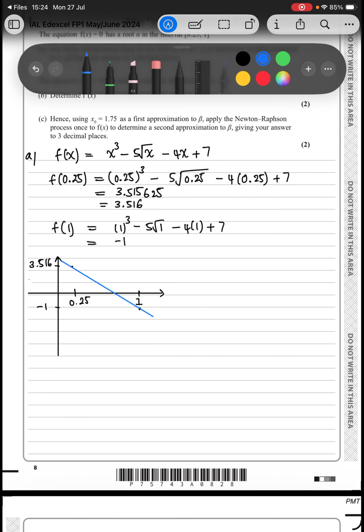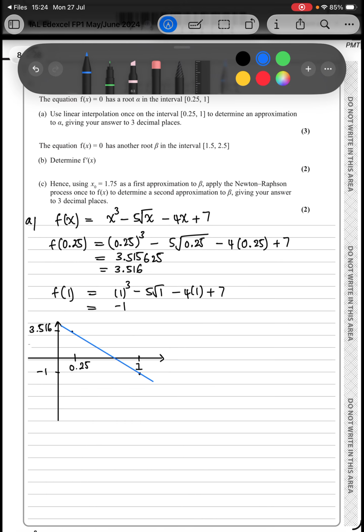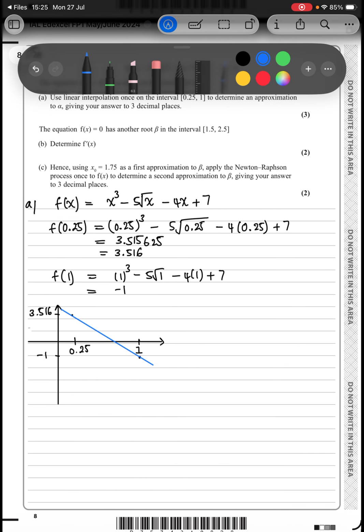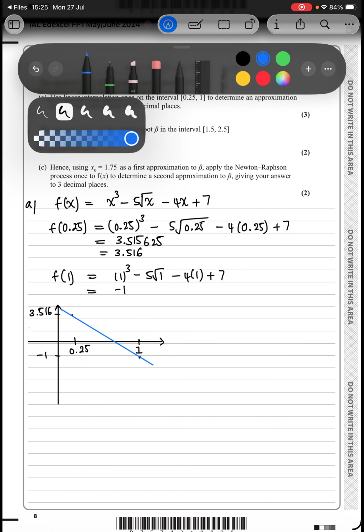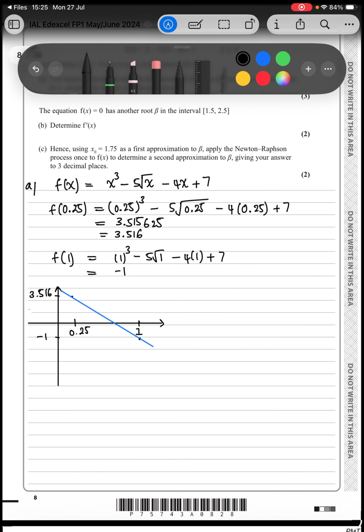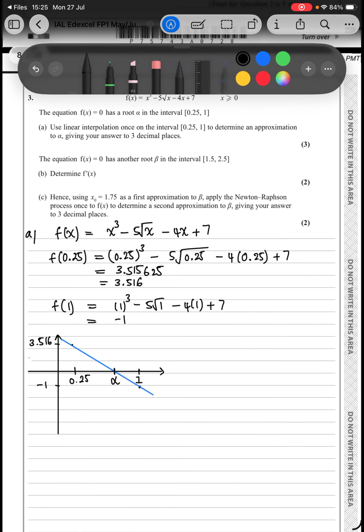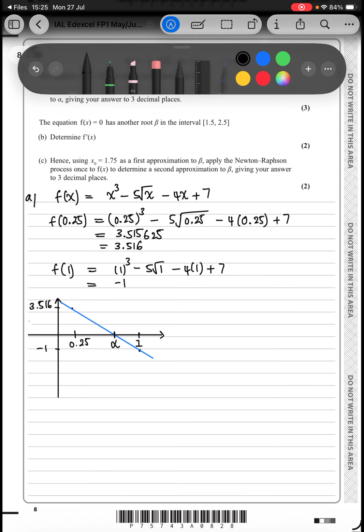So we can use the properties of similar triangles to do linear interpolation. I'll mark the point where the line cuts the axis as alpha because that is our required root.